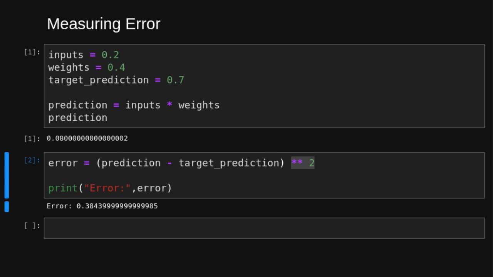But in that case, why wouldn't we just take the absolute value? It's definitely possible for some cases, but most of the time we will want to square it instead of just taking the absolute value. That is because squaring amplifies large errors and reduces small ones. If you square a number that is between 0 and 1, it will become even smaller, while if you square a bigger number, it will become even bigger.